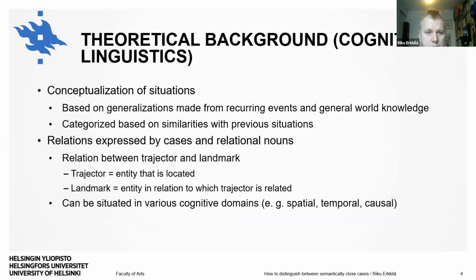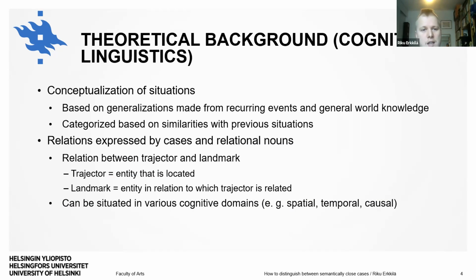And then some theoretical background. Again, I look at the data from the point of view of cognitive linguistics, and conceptualization is an important thing, because conceptualization is the basis of linguistic utterances, and it's based on generalizations made from recurring events and general knowledge of humans.